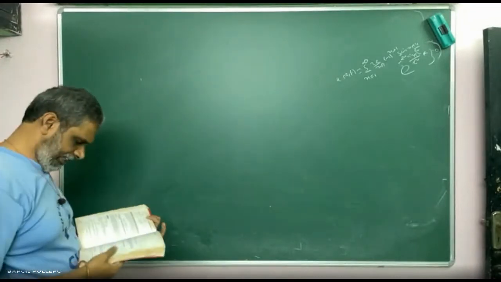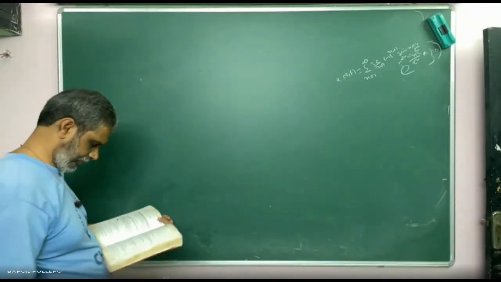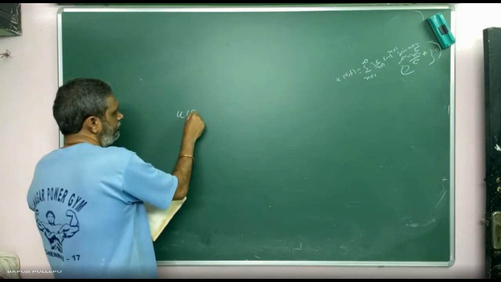Okay. Now, how was the whole equation written? U of x comma t is equal to U_s of x plus U_t of x comma t. It's a very good problem.